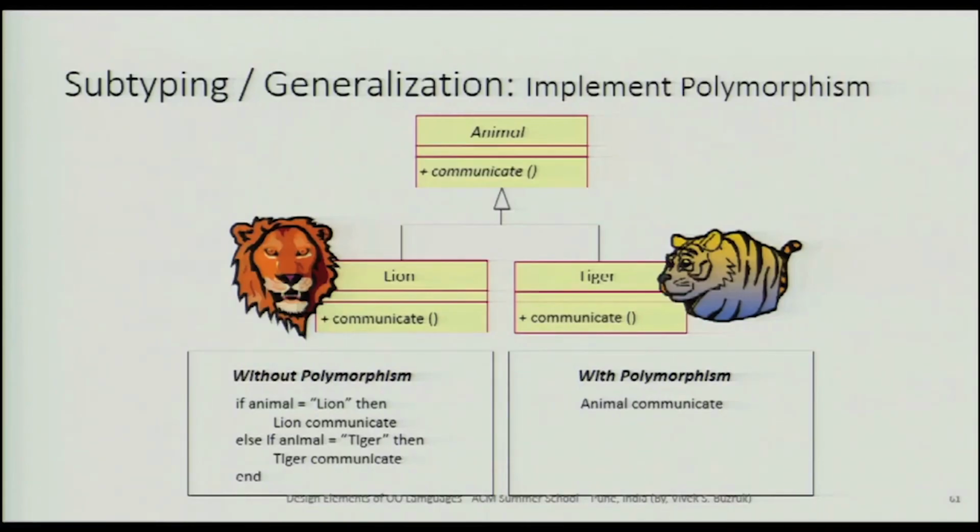We would say if animal is equal to lion, then lion communicate; animal is equal to tiger, then tiger communicate. But with subtype polymorphism, communicate is one particular thing, and the particular communicate will be called according to the type that is the parameter. So communicate can be used for animal, for lion, for tiger, correct.